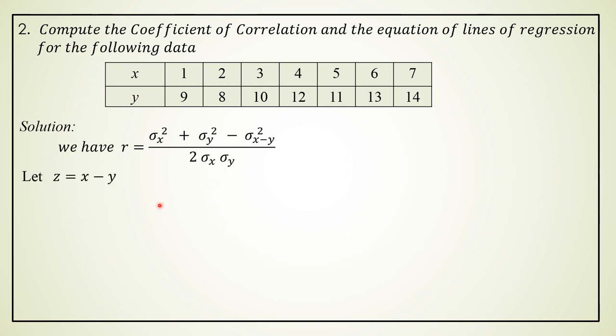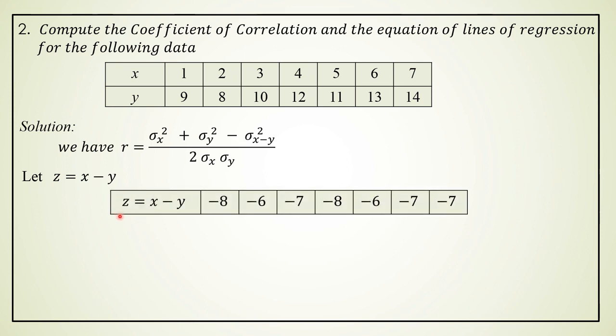So let me choose z is equal to x minus y and compute the value of z here, which is equal to x minus y, that is 1 minus 9, minus 8; 2 minus 8, minus 6; 3 minus 10, minus 7; 4 minus 12, minus 8; 5 minus 11, minus 6; 6 minus 13, minus 7; 7 minus 14, minus 7.